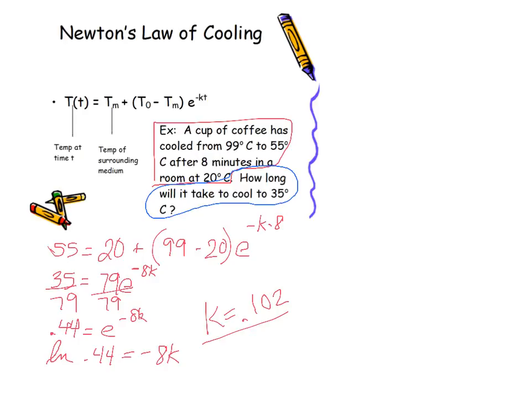We're going to start all over with Newton's law of cooling one more time and look at the second scenario so we can actually solve this. The ending temperature, we want it to be a 35.